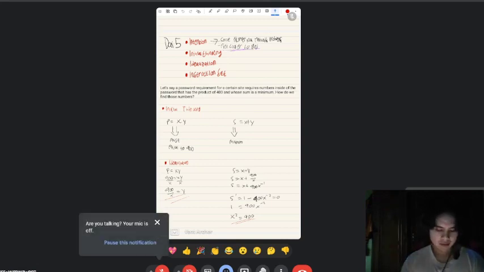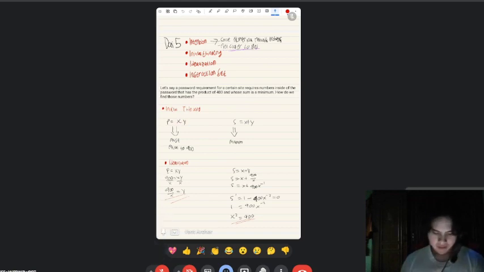Again, for the password, P is x times y, since we're required to find the minimum sum. So P must equal 400, the product of x and y should be 400, and the sum, which we'll call S, must be a minimum, the minimum of those combinations. The sum is of course the sum of x and y.